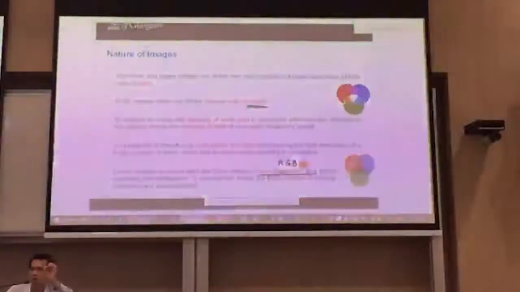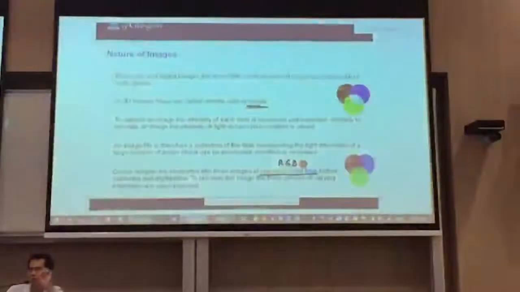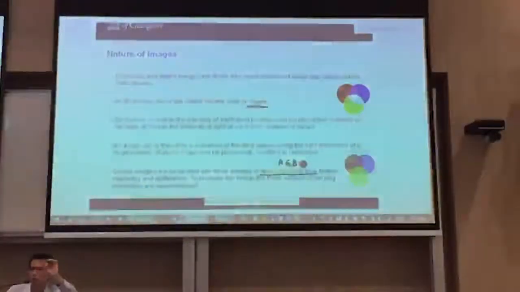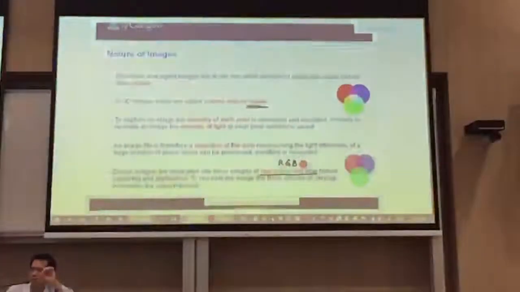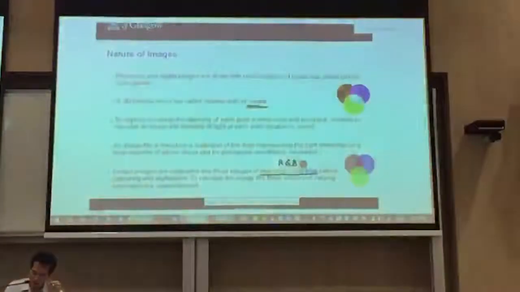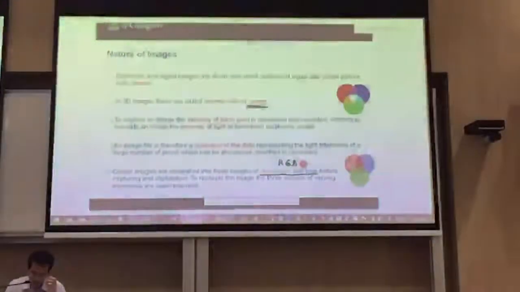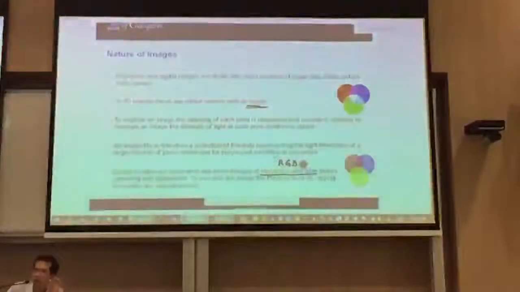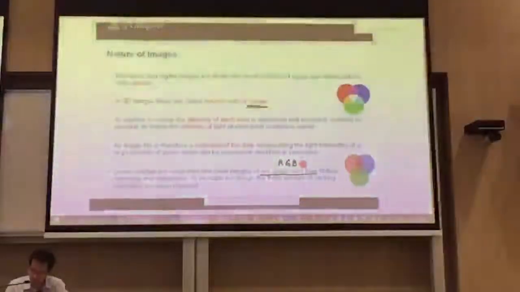The higher the intensity, the brighter that pixel is going to be. Conversely, the lower the intensity, the darker that pixel is going to be. It's this collection of pixels that forms the entire image.